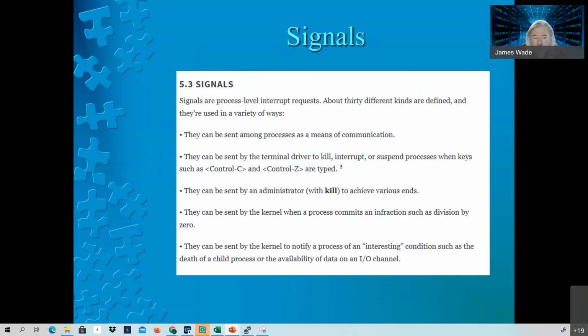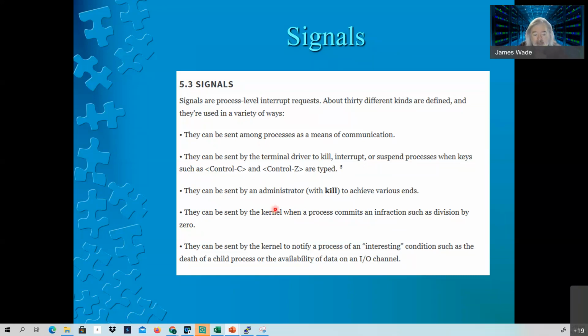So we have signals, and every process has the ability to have some type of signal. Signals are process level interrupt requests. There's about 30 different kinds used in a variety of ways. They can be sent to the processes as a means of communication with the process. As an example, they can be sent by the terminal driver to kill, interrupt, or suspend processes when keys such as Control-C and Control-Z are typed.